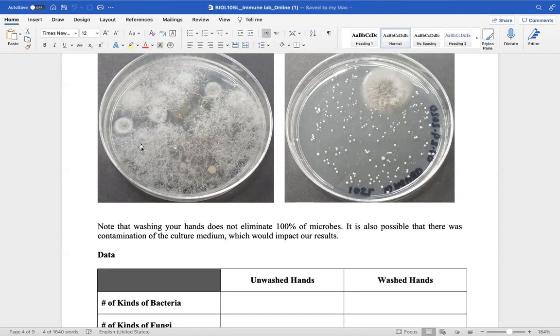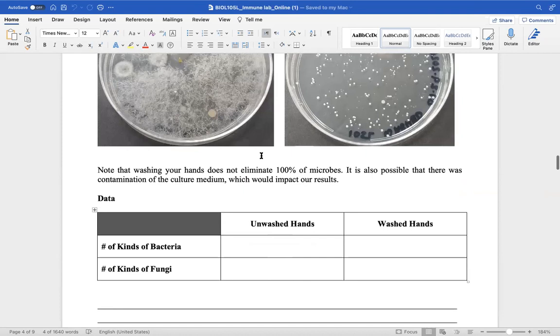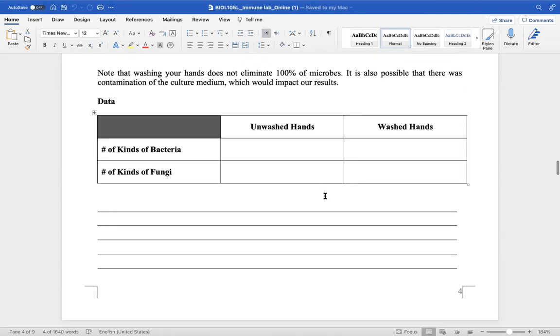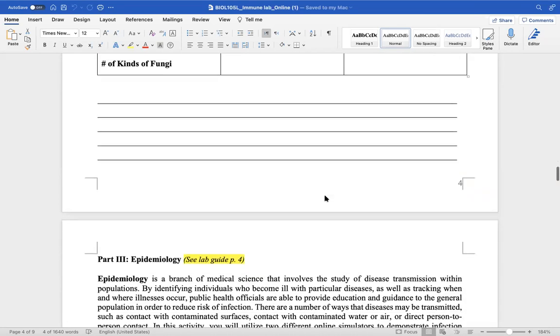Some of these fungi colonies you can't even differentiate from each other because they're growing into each other. One fungi colony looks about this big, and that's taking up the whole plate. You can take 1, 2, 3. There's probably 50 fungi colonies. You see a couple bacterial colonies as well. So you'll write your data down there, just counting the number of colonies of the fungi and the bacteria you see. And that is your data.